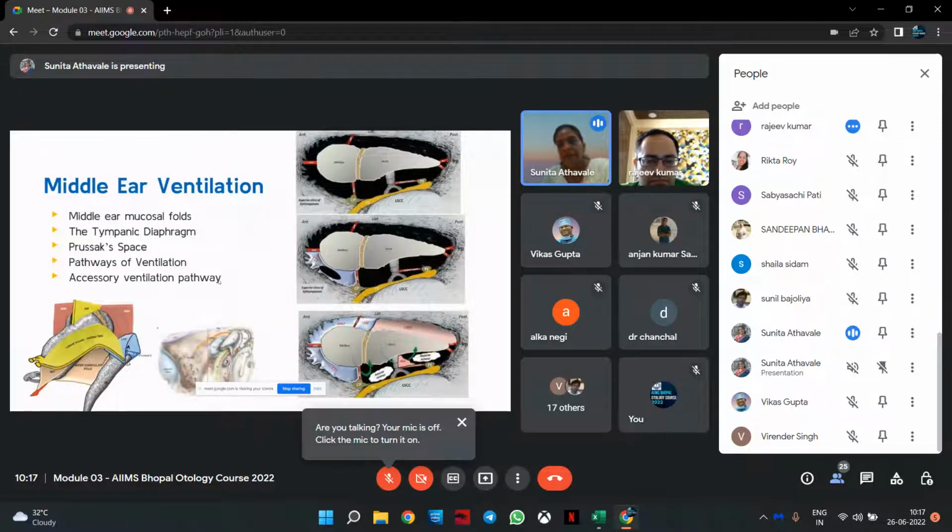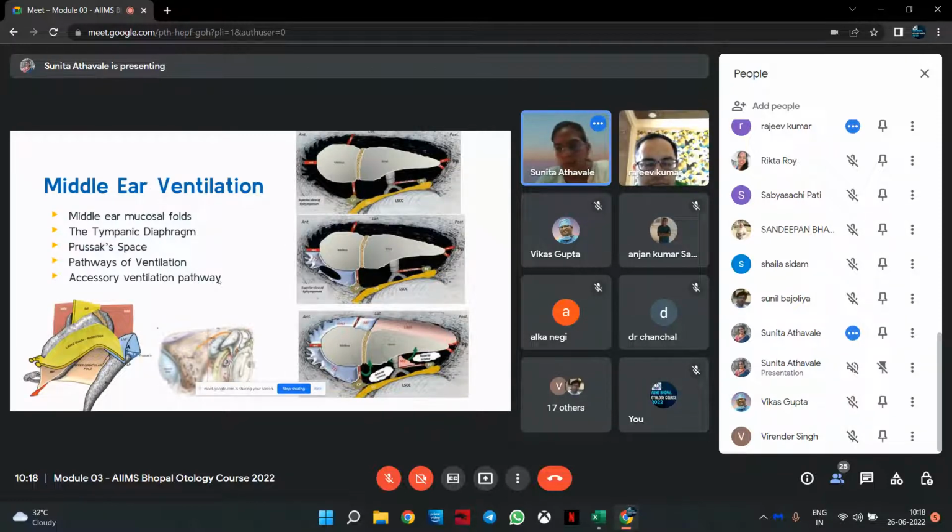Okay, so by and large we talked about the mastoid process, the antrum, how to approach the antrum, and the extent of pneumatization and the air cells that can be present. And now we are moving to middle ear ventilation. When we talk of middle ear ventilation, there are very many mucosal folds which divide this middle ear cavity into different portions.